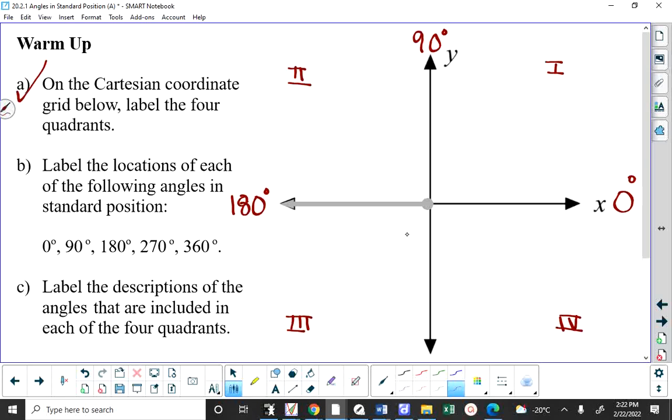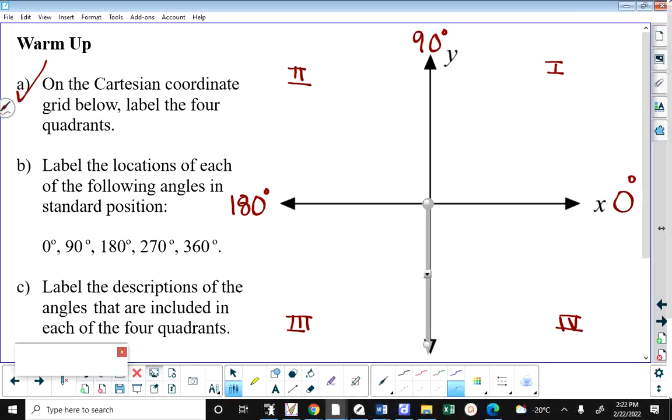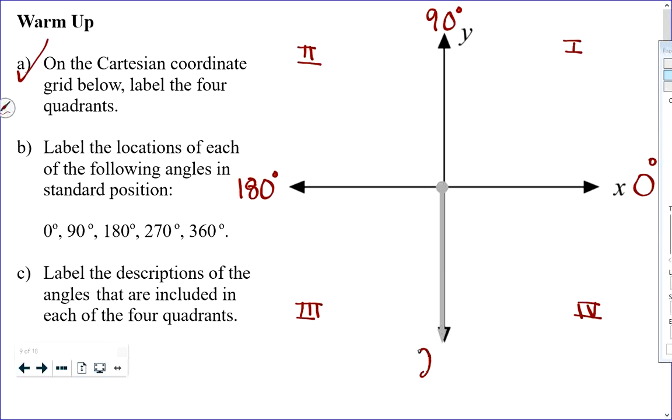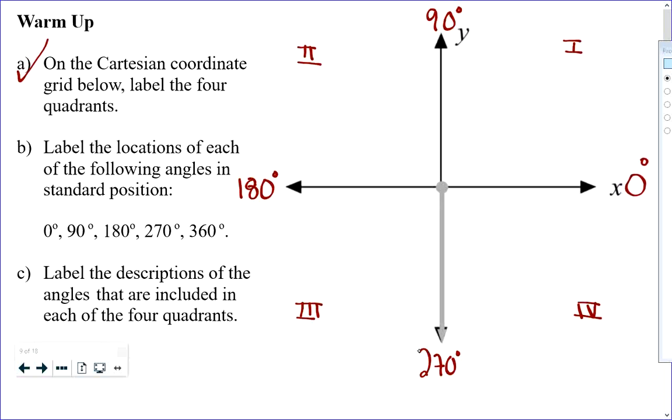Yeah, then I end up in the same position. 270 degrees, we need to go 90 degrees more in a counterclockwise direction. So this is 270 degrees. And then over here, I've kind of squeezed myself out, but this is also 360 degrees.